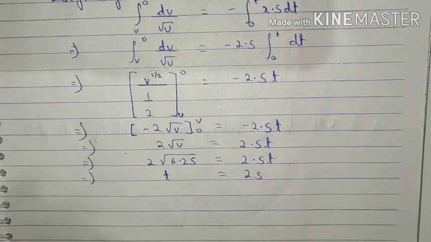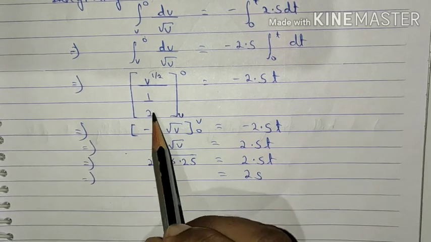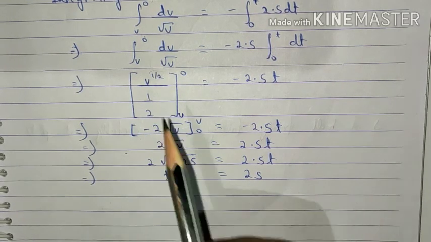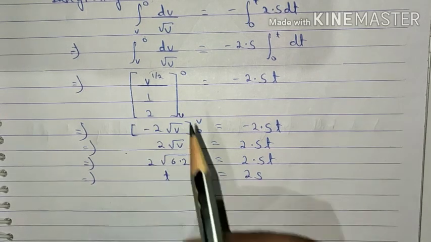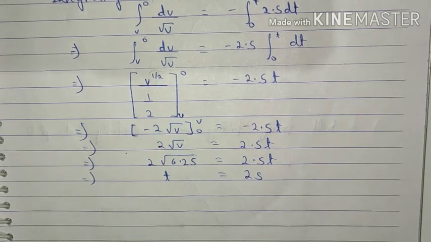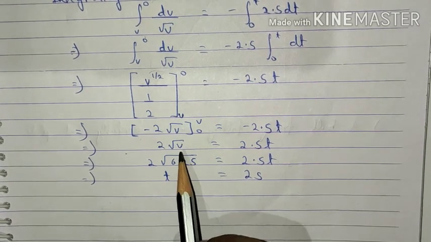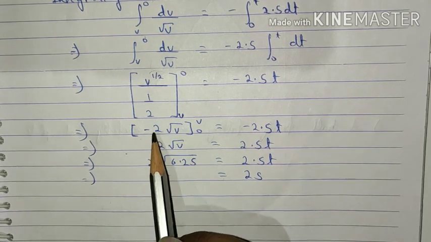Now please note one thing over here, that rearranging these values, since this will come and get multiplied over here, we can write it as 2 under root v. v raised to power 1 by 2 can be written as under root v, so this will become 2 under root v. And you must be thinking how this negative sign has come over here.